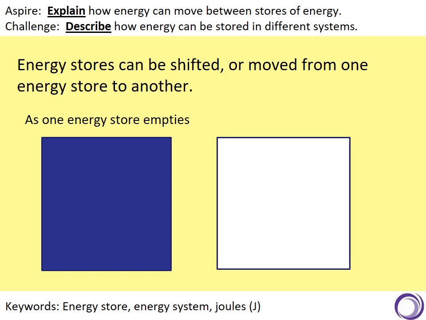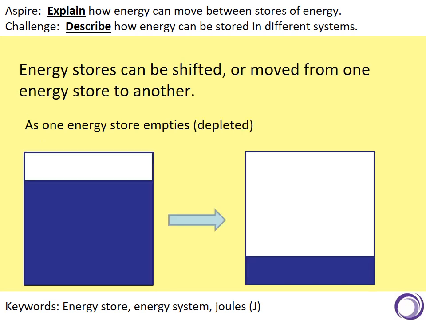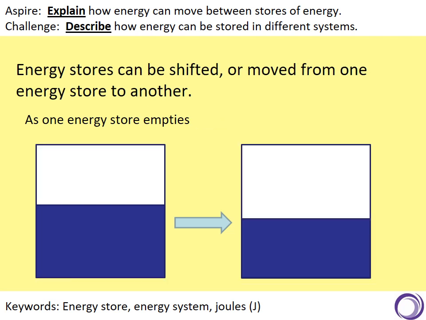So we're just going to have a look at energy in a slightly different way. So we've got the blue box. The blue box is showing you a full energy store, and the white box an empty energy store. So as one energy store empties, depleted, means getting less, the other energy store gets filled up.